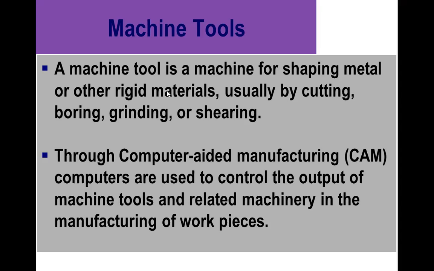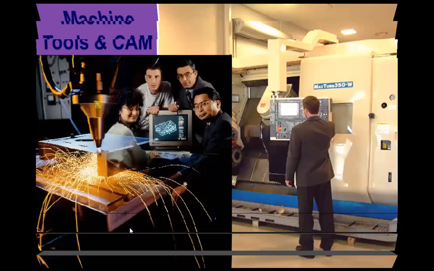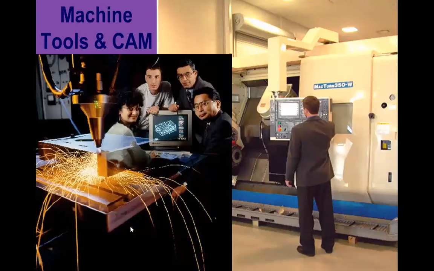So in the manufacturing industries, we've seen that a machine tool is used for shaping the metals and other hard materials. Hope you're seeing how it works. So this is an image of the machine tool.